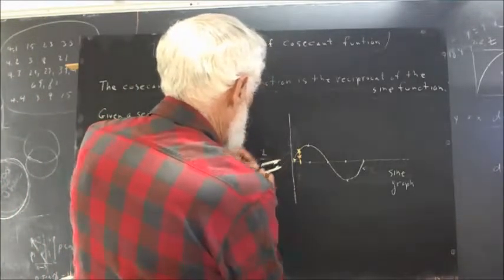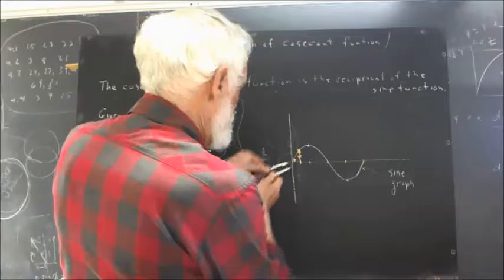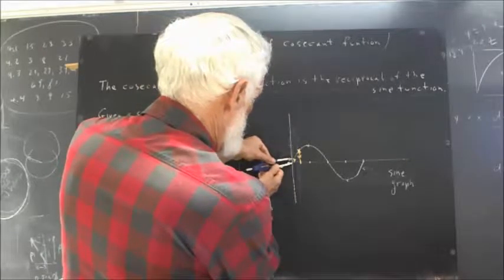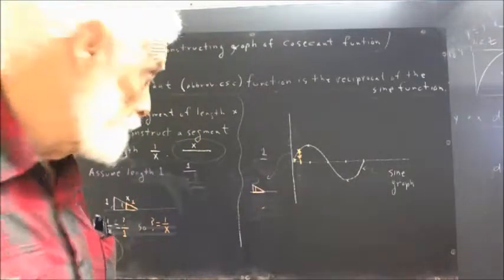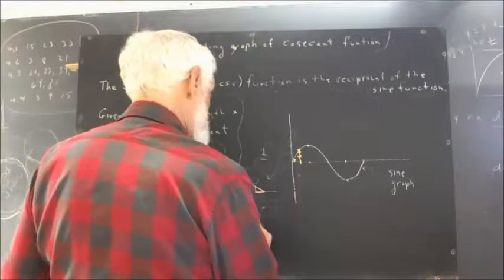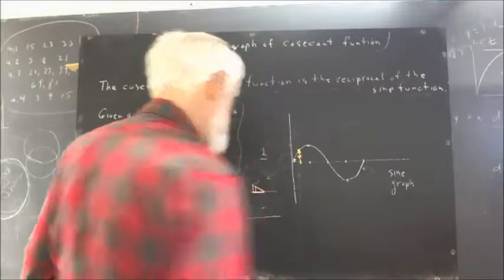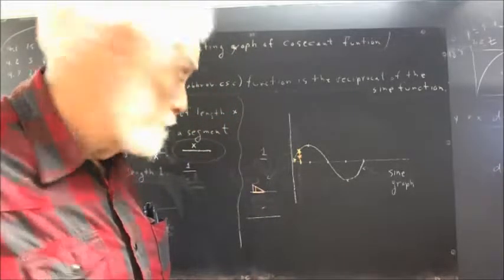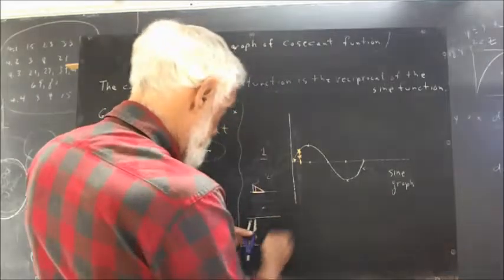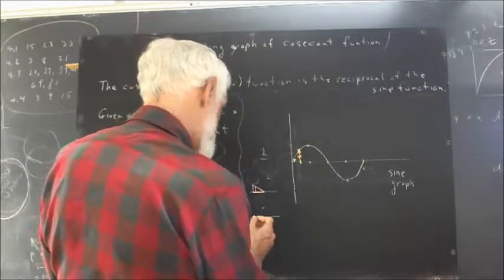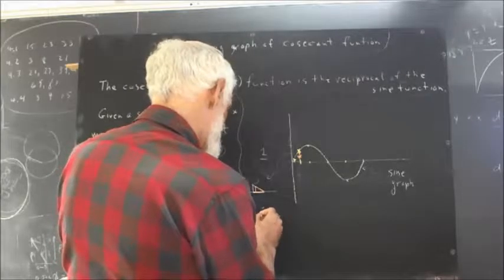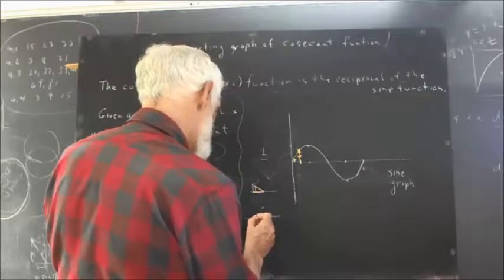Now I construct this segment. It'll be a short segment, and that segment is going to be constructed again on a horizontal line, or horizontal segment. I didn't make that very horizontal, but you know what I mean. And we're going to start that segment here. It's going to be this long, so here it is.